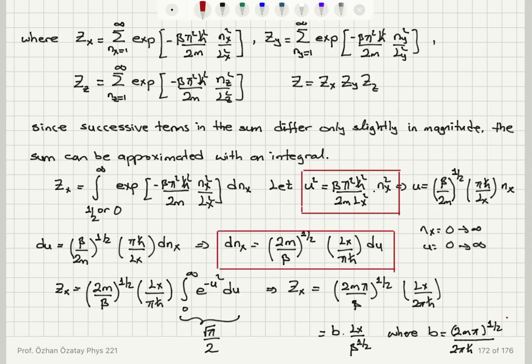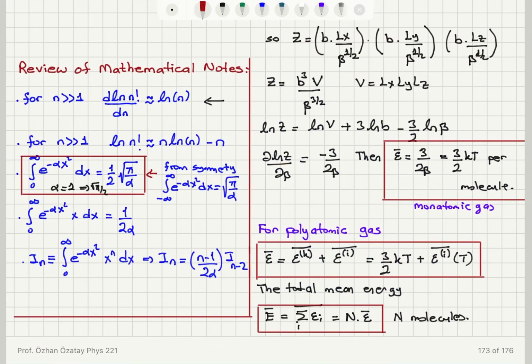So that is right here. And by taking the natural logarithm of the partition function and taking the derivative with respect to beta, I obtained minus 3/(2β), which corresponds to a mean energy per molecule of 3/2 kT.